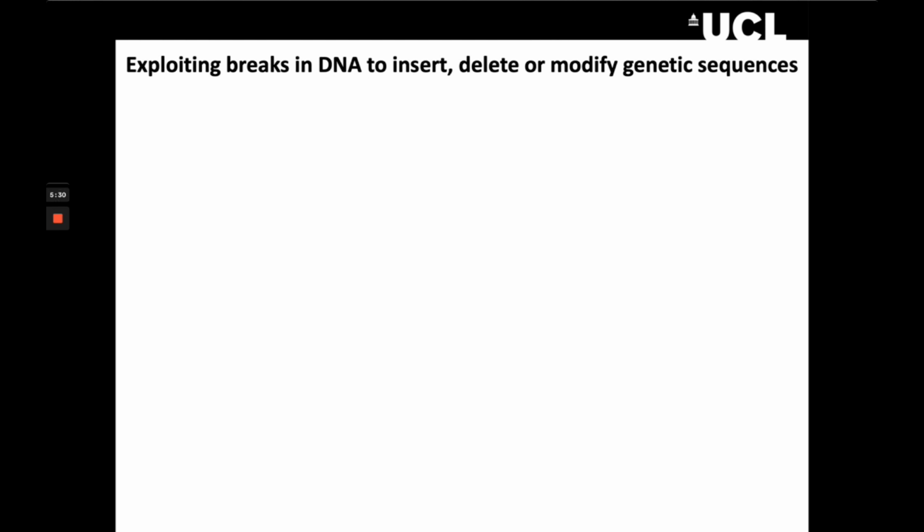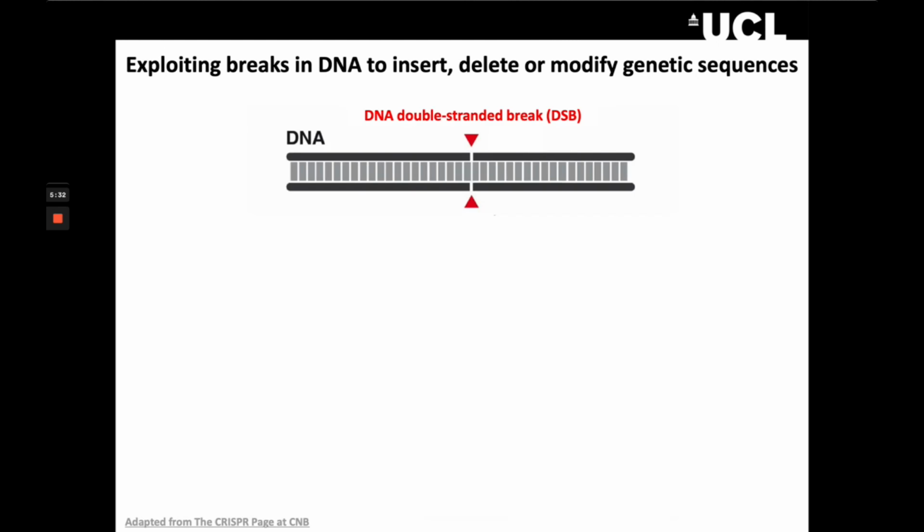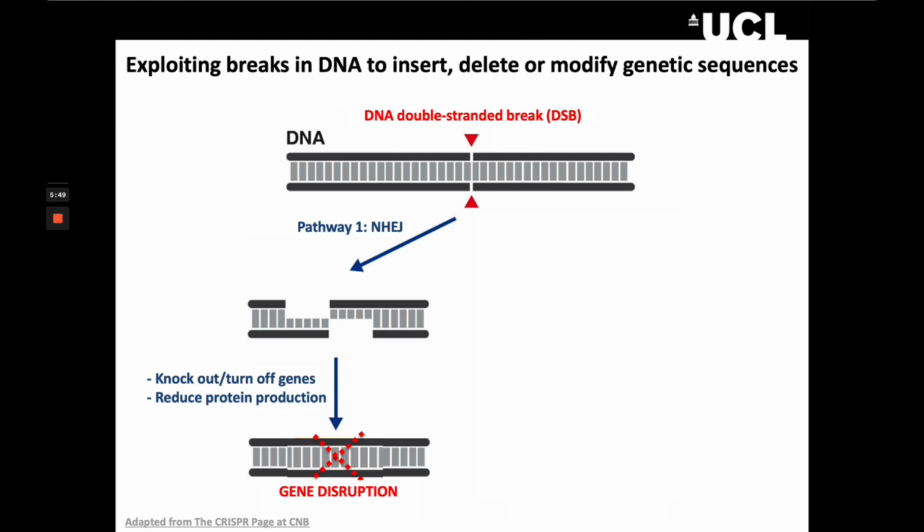But when you introduce a break in DNA, the cell will try to repair the damage, and there are two mechanisms or pathways that can be triggered when DNA is broken. In the first pathway, the DNA is cut, the gene is broken, and does not stick back together properly, essentially disabling the gene. Now, a broken gene means a broken protein, so we can use this pathway to prevent protein production or, for example, to turn off or knock out a receptor.